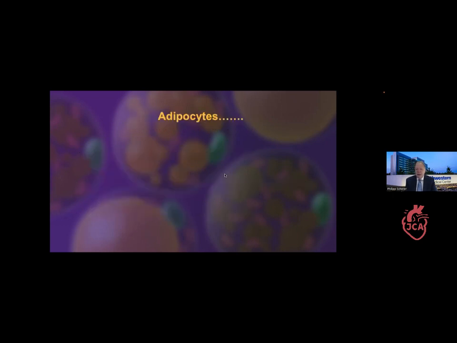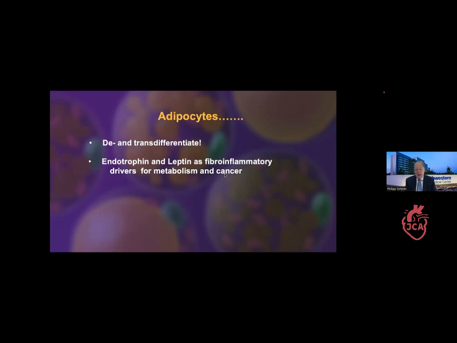So in summary, I want to leave you with the simple message that fat cells can play a major role on the basis of being fat cells, but they have the ability to de- and transdifferentiate into different cell types. Endotrophin and leptin are potent pro-inflammatory and pro-fibrotic factors that bear promise in terms of their neutralization to alleviate some of the fibrosis.